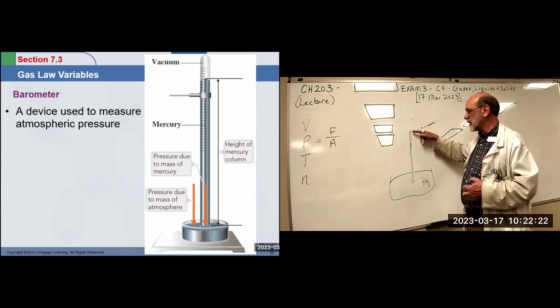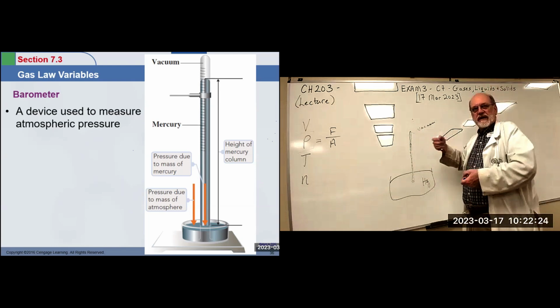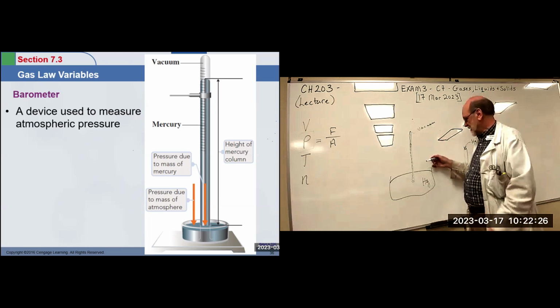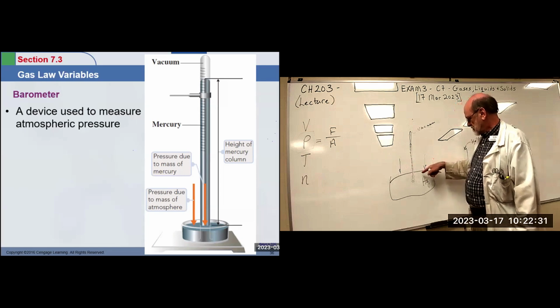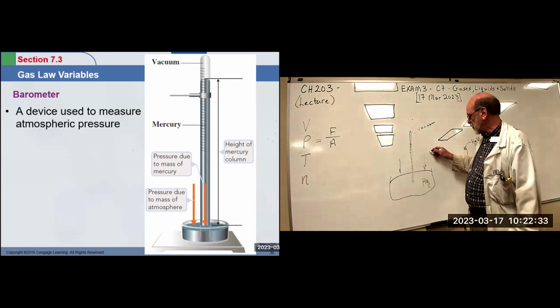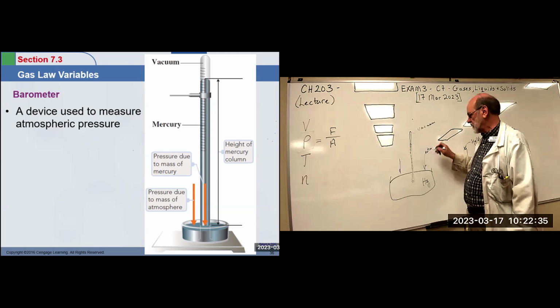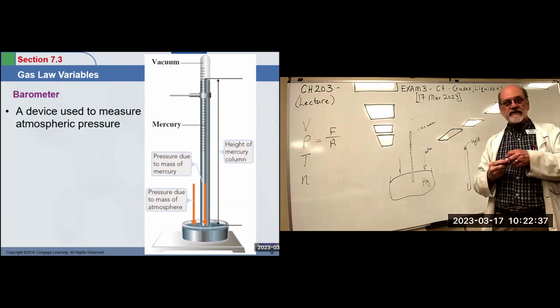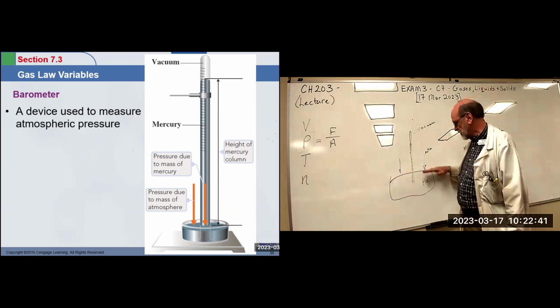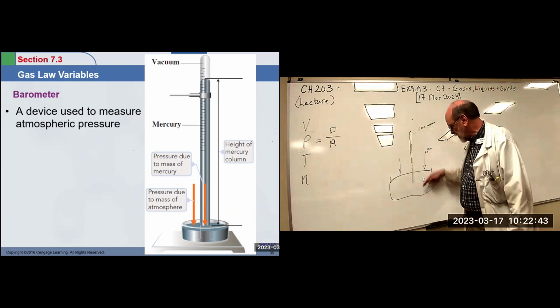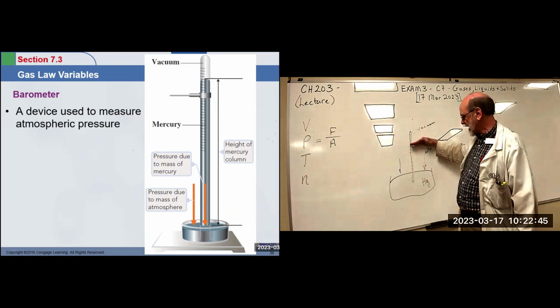There's nothing in here to suck on it, to pull it up, so it must be pushed up. He reasoned that what was holding that column of mercury up was the atmosphere. Air has mass, and it's pressing down on the surface of the mercury and transferring that pressure into the liquid, holding it up this high.